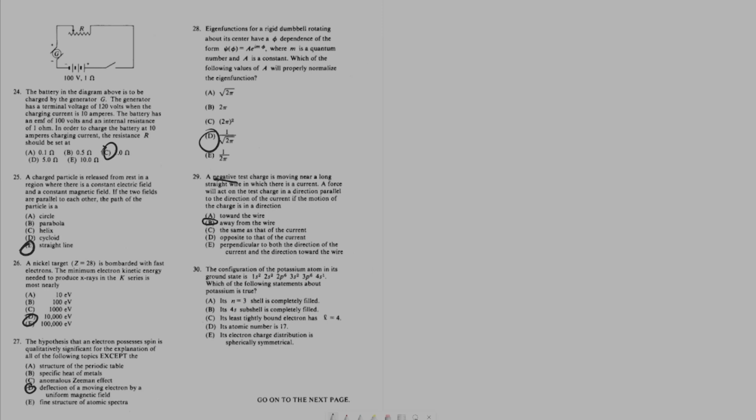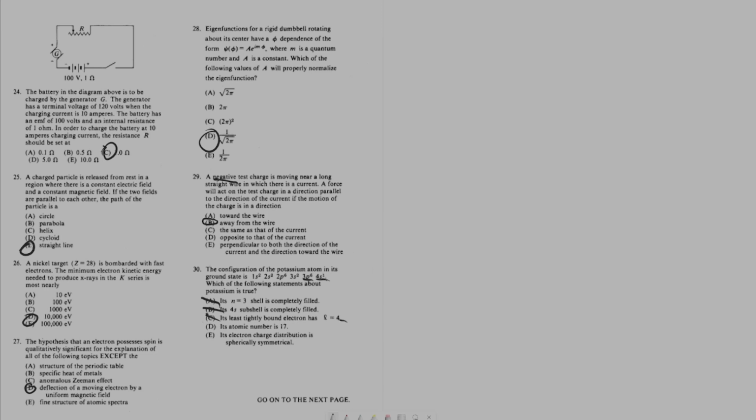That is incorrect, because if you see, it only goes up to p, but it would need to go up to d to be filled, so that is wrong. For s, that is also wrong, because that number there would need to be a 2. The least tightly bound electron is l equals 4. That is incorrect based on this value here.